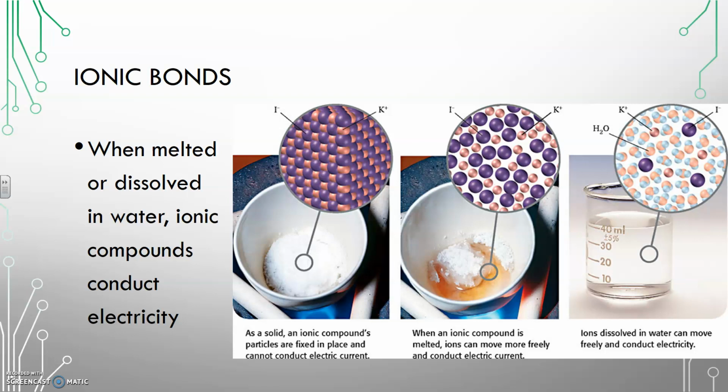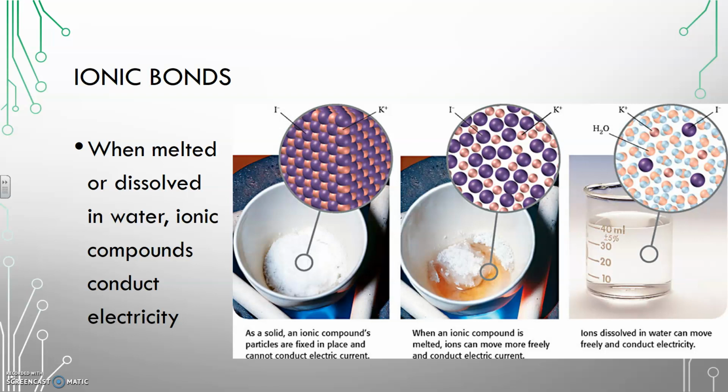Okay, so the first image here in the middle is showing when it's melted. Okay, so when it's melted, it's not all that great at conducting electricity. It just has enough space that it can move things around. Now when it's dissolved in water, okay, it actually will conduct more electricity. Now, water, because it has a partial positive charge at the hydrogens and a partial negative at the oxygen, it will actually attract both the positive potassium ions and the negative iodine ions here.